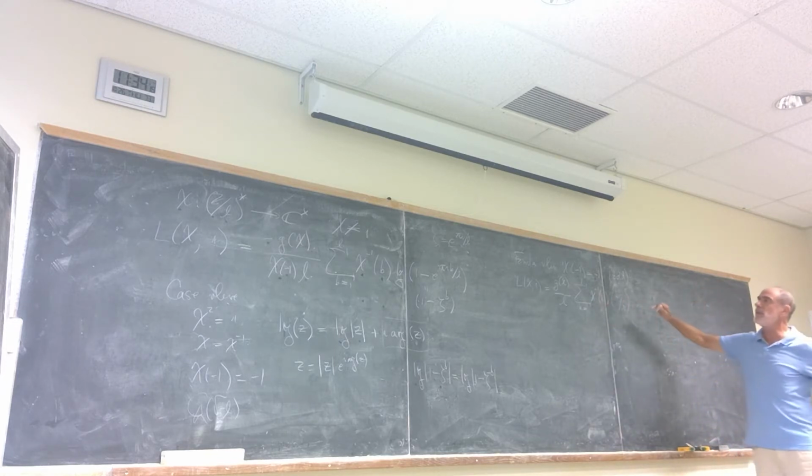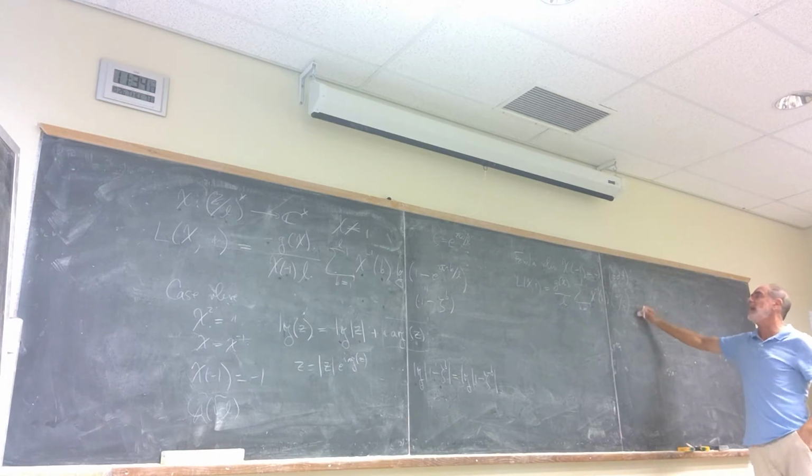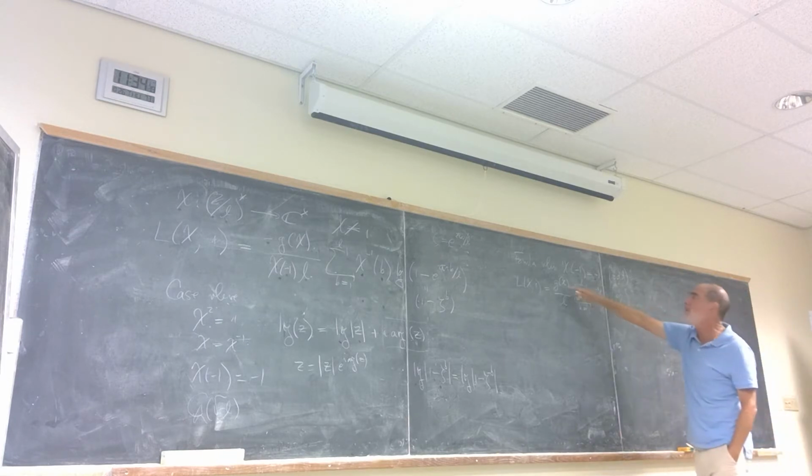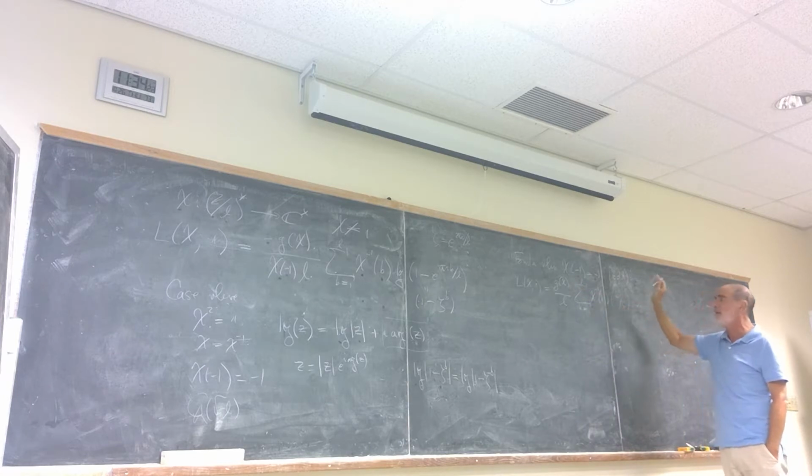So this was the formula that we had, and then we specialized it to the case where chi was chi inverse, where we could calculate the Gauss sum.